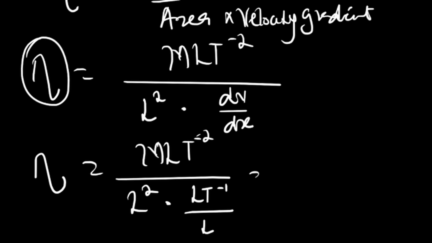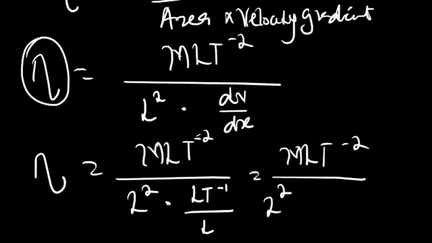Let's now simplify. So here we have MLT^-2, then this is over L squared multiplied by, and I'm also going to apply the same method by taking the L to the top. Remember, it's down here. When I take it to the top, it now becomes L times L. Remember, it's a power of positive 1 here, but if it goes upwards, it now becomes minus 1, and then we have T to the power negative 1.